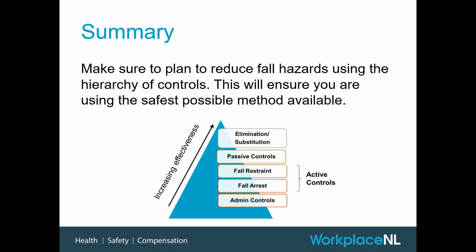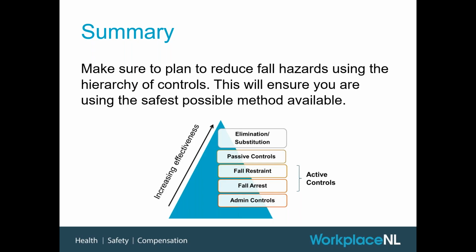So that's the idea here, is to at least explore the options of elimination before you move straight to fall arrest. I've been in some workplaces where their rule is tie off at 10 feet. Again, it could be 6 feet or 4 feet, even if there's a best practice in place.